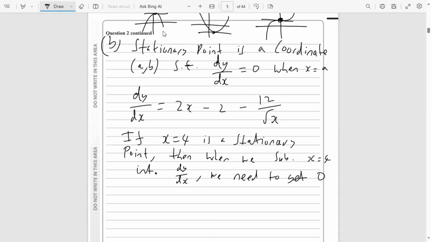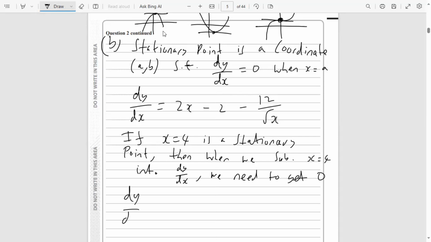Okay, that's what we need. So basically the question is asking us to check. When you see the word verify in questions, we don't need to do any proof or any show that kind of stuff. We just want to check. So check that when you plug in x equals 4 into our dy by dx, do we get 0? So let's have a go at doing this.